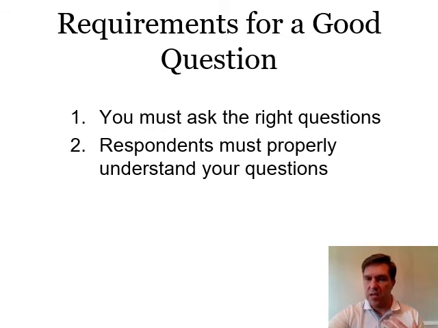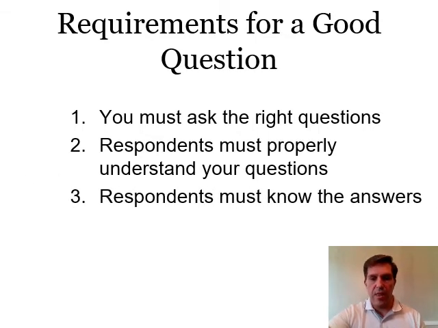Okay. Second, the respondents should be able to unequivocally understand what those questions mean. And this is tricky, okay, because we make a lot of assumptions. And I'm going to show you some bad examples of how not to do this and some ways of correcting that. Okay. And third, like I said before, respondents should be knowledgeable about the questions.